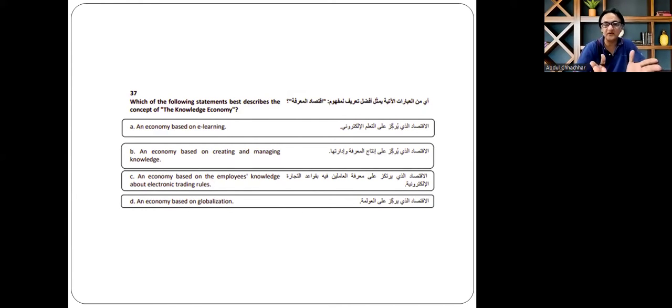The knowledge economy means not e-learning, of course. That means not globalization, of course. And C is talking about knowledge about electronic trading rules. Of course, this is not about the electronic. So knowledge means that you are earning money or something based on your knowledge, okay. So an economy based on creating and managing knowledge, okay. So B is the answer for that.